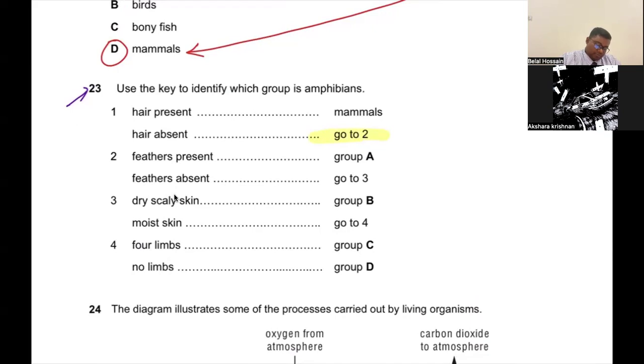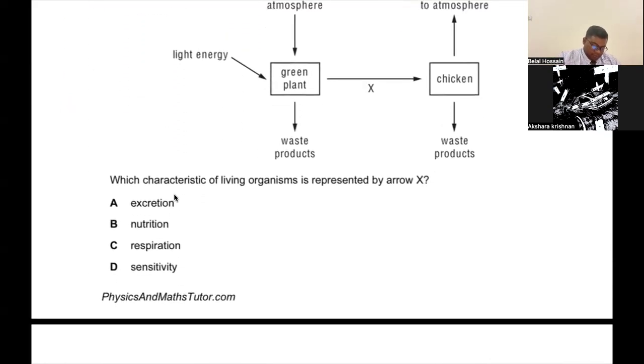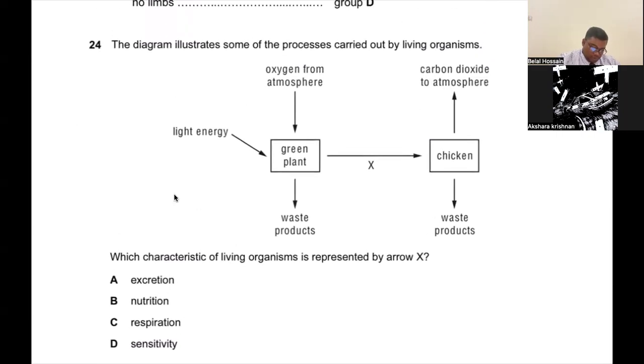Feathers present or absent. It will be feathers absent. Go to 3. Moist skin. Go to 4. So then forelimbs. Yes, amphibians have 4 limbs. Forelimbs. So group C would be your correct answer.